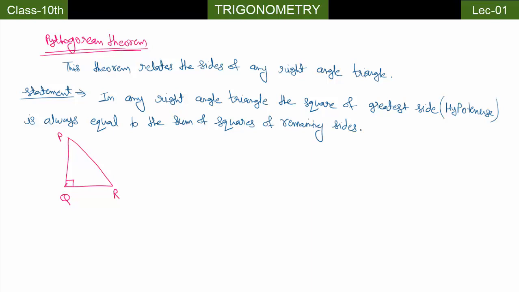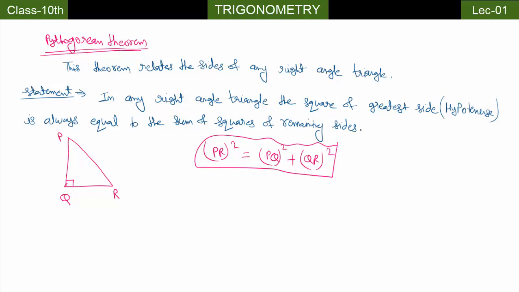What is the greatest side? That is PR. So PR square is the sum of squares of the remaining sides, PQ and QR. So PQ square plus QR square.